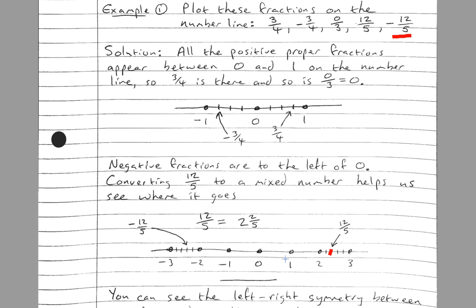And the negative version is again going to be the same thing, but on the negative side, so -1, -2, and another -2/5 gets you to here. So this is negative 12 over 5. Positive numbers, whole numbers, fractions are to the right of 0, and negative guys to the left.